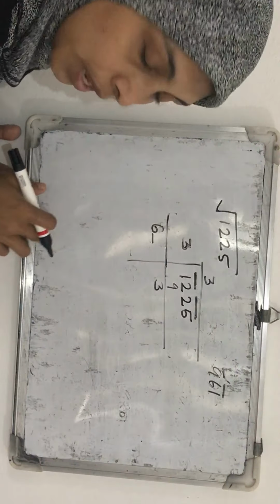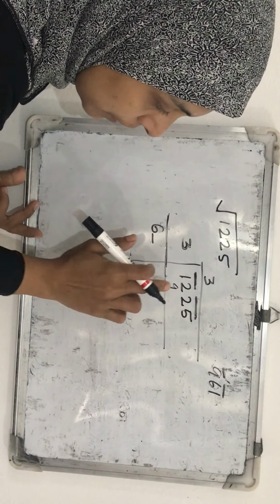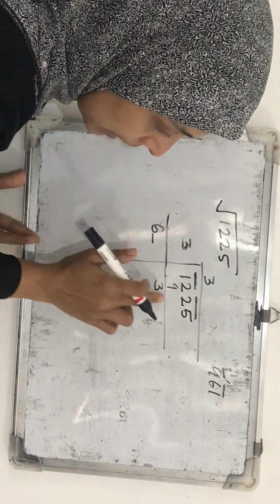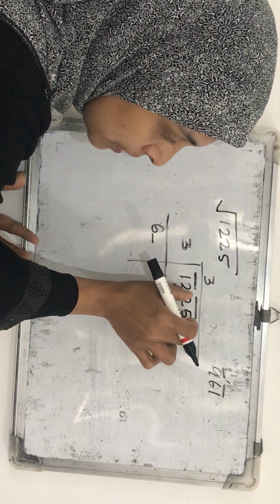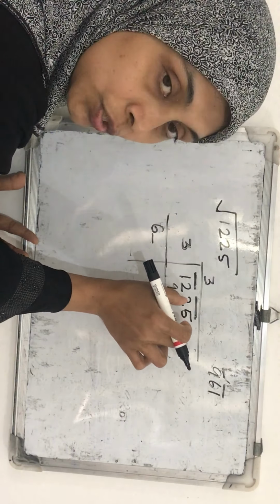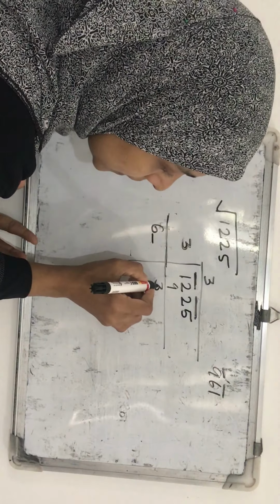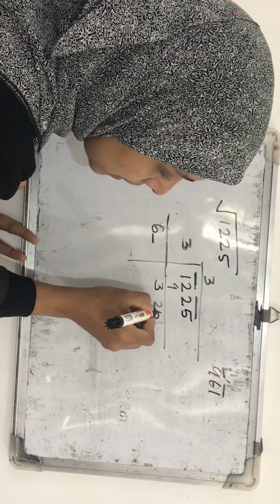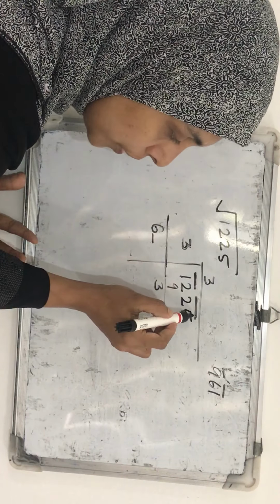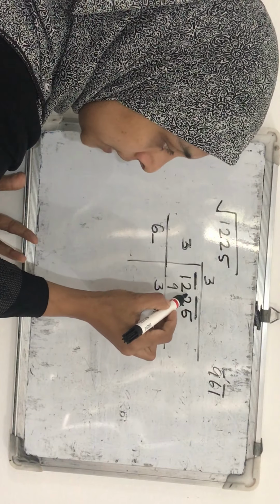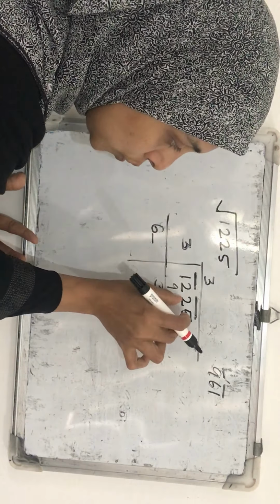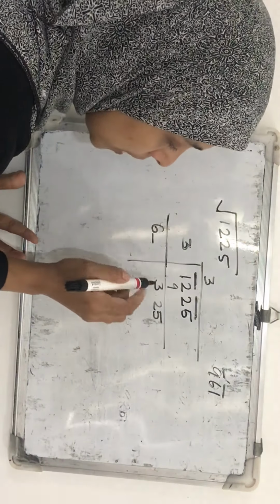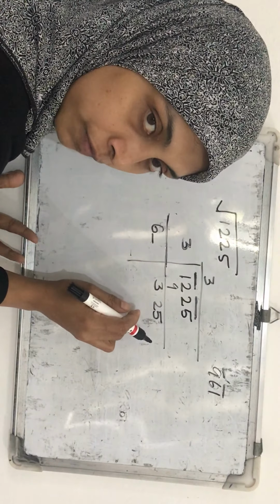Before that, one step is there: after subtracting, we want to bring down the next places, that is 25 together, next to this remainder. Because this 25 is the digits under the first bar, those two digits together we bring down. Now we have the number 325.